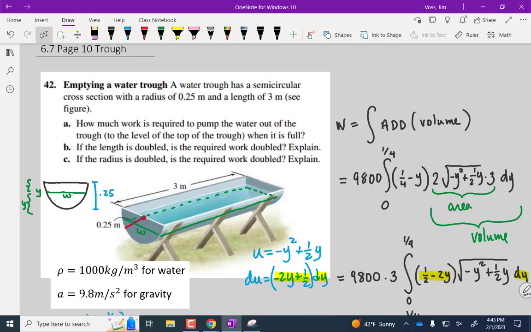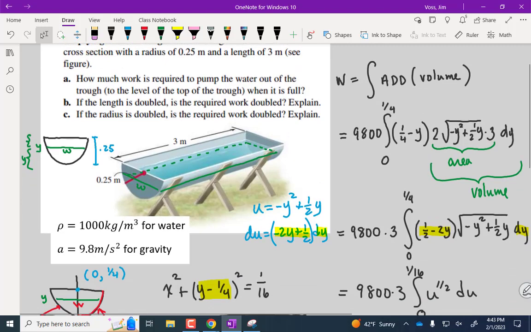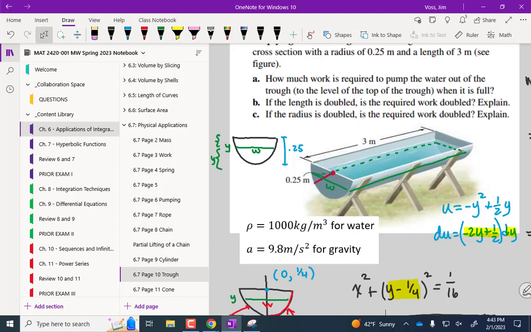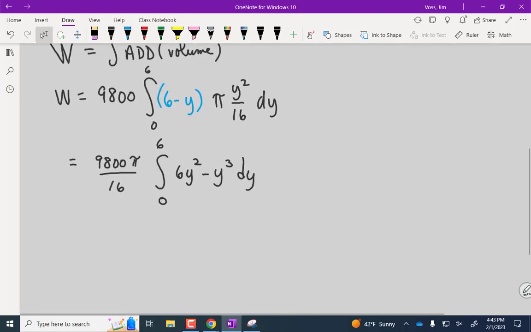So no pi for a rectangle, just width times length. Couldn't you do one half times 3 for the length? No, because the width of this rectangle changes. Yes, that's right. So then we end up with just that.